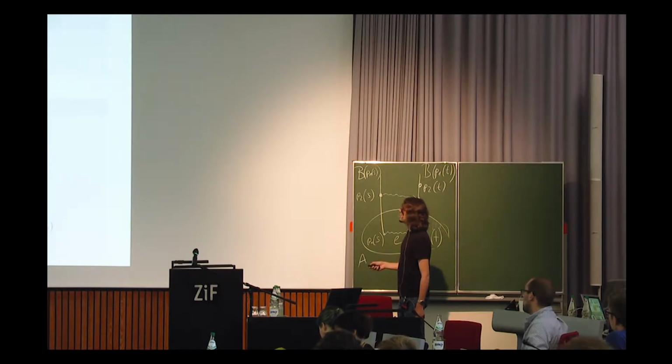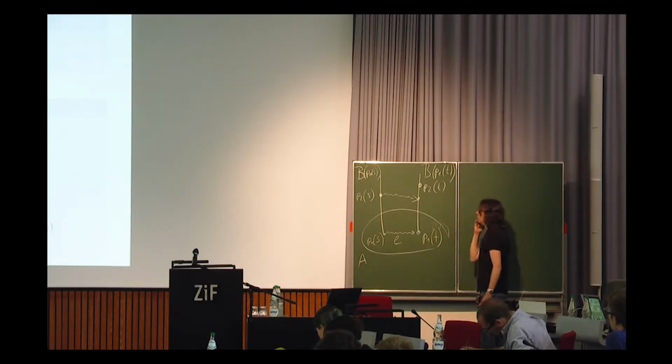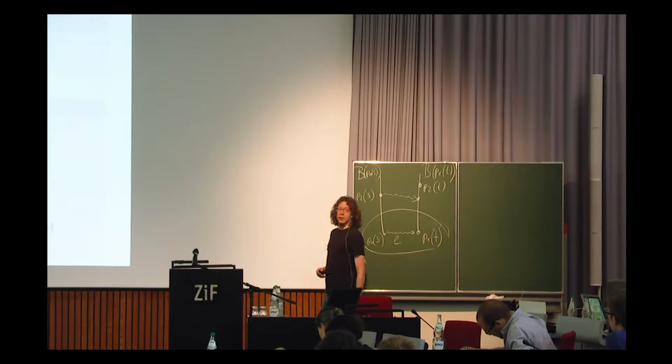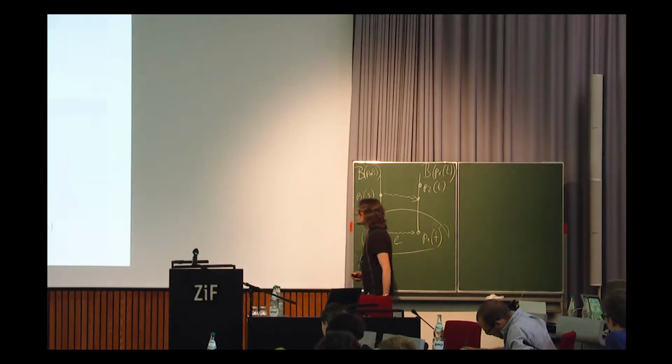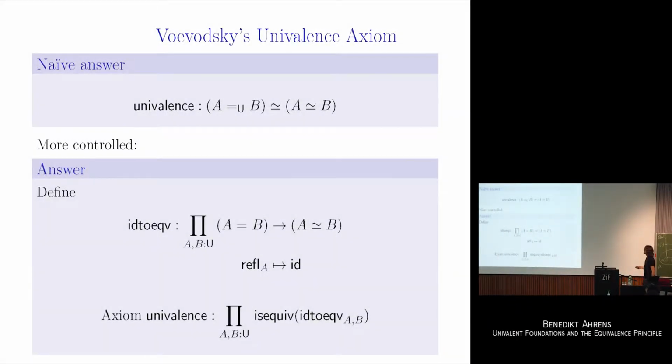A map that, for any two types A and B, maps identities from A to B to equivalences from A to B. Sorry, I wasn't planning to explain that, but maybe we can just accept it for the time being: in order to define such a map, it is sufficient to pretend that B is actually the same as A, and pretend that we define this map only on the reflexivity proof.